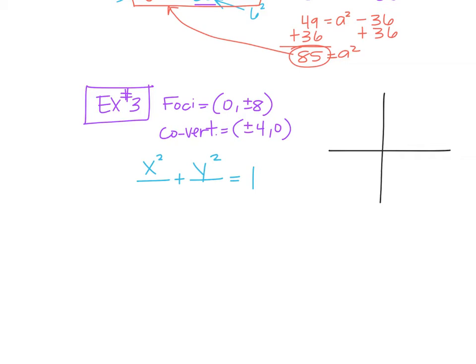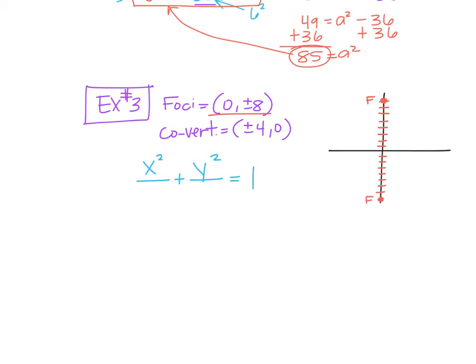So if we're going to draw in our foci, we have 0, 8. So 1, 2, 3, 4, 5, 6, 7, 8. I would label that as F if I were you, just so you don't think it's a vertex. 1, 2, 3, 4, 5, 6, 7, 8.